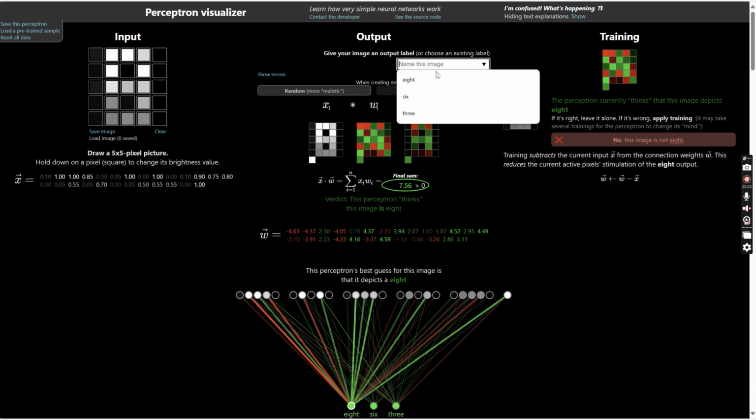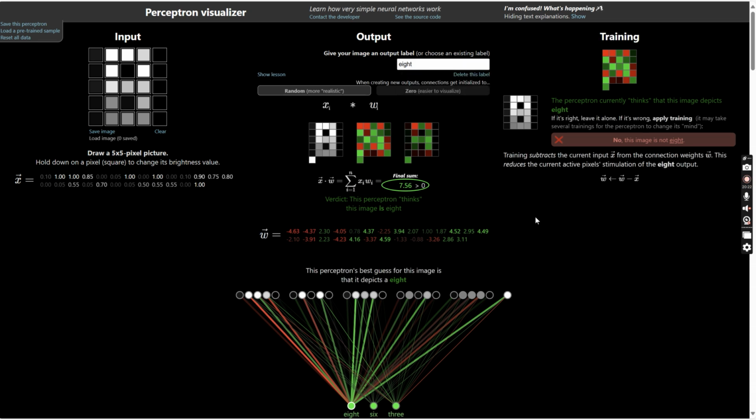Okay, I will still type this as 8. Okay, it starts recomputing. Okay, which is greater than 0, hence it thinks this image is 8.